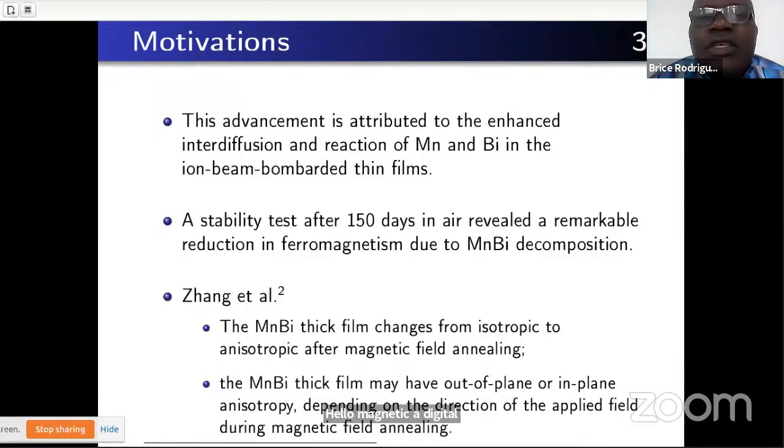This advancement is attributed to the enhanced interdiffusion and reaction of manganese and bismuth in the ion beam bombarded thin films. A stability test of 150 days in air revealed a remarkable reduction in ferromagnetism due to the manganese bismuth decomposition.